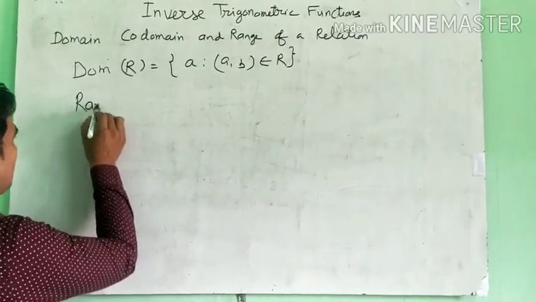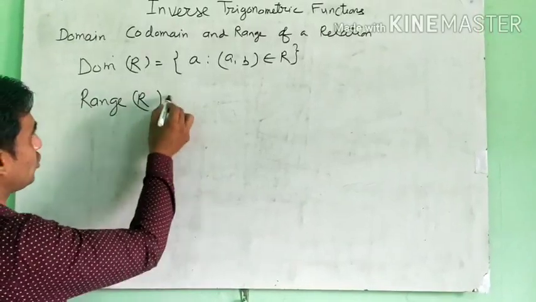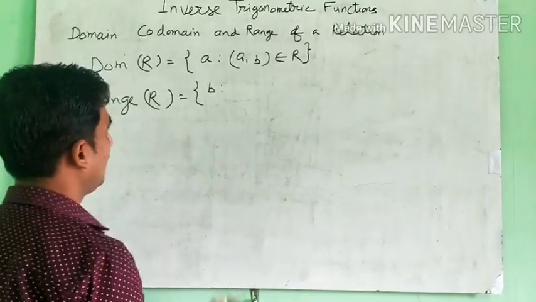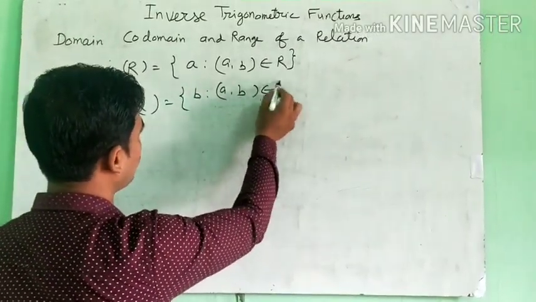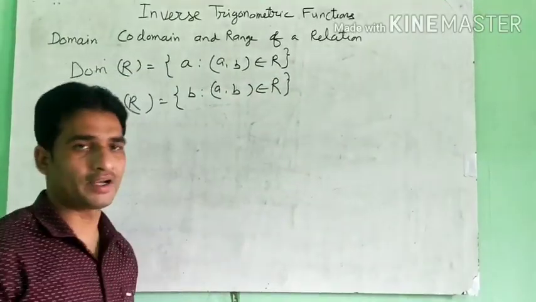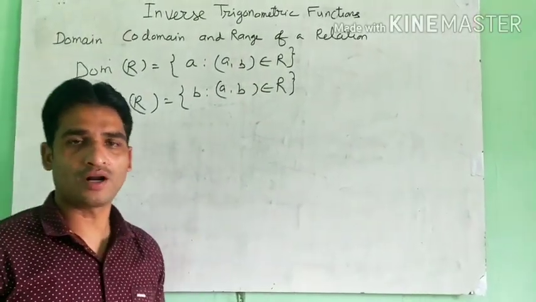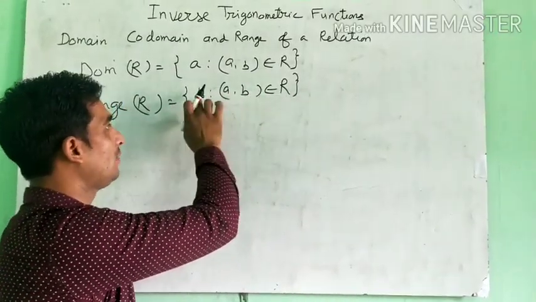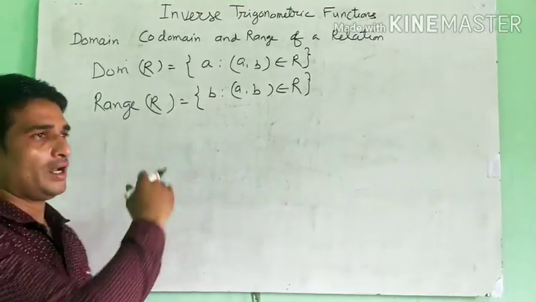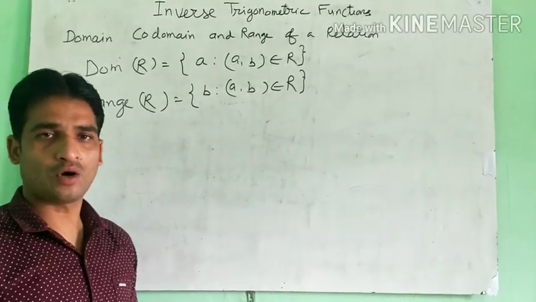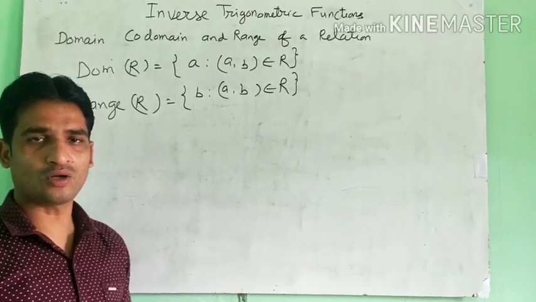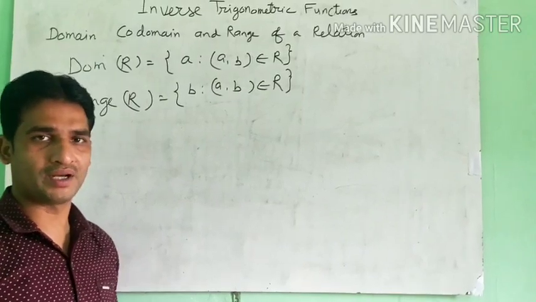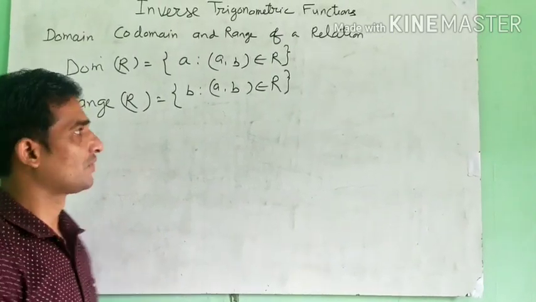Second point is range. What is the range of R? It is defined as B such that (A, B) belongs to R. It means if any ordered pair (A, B) belongs to relation R, then B belongs to the range. The range of a relation is the set of all second elements of all ordered pairs which belong to the relation.